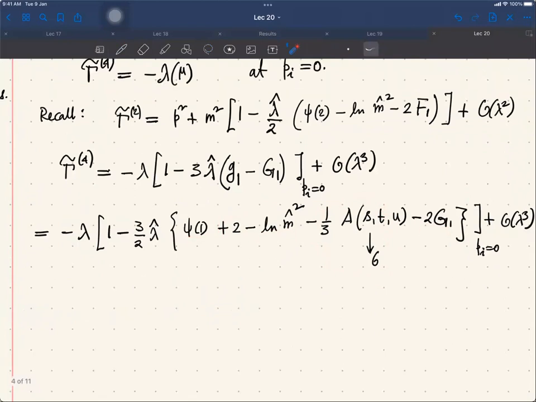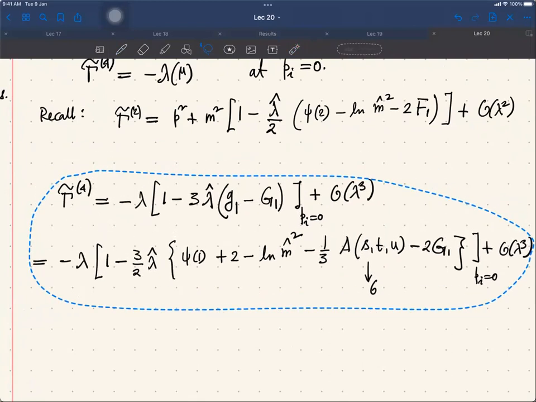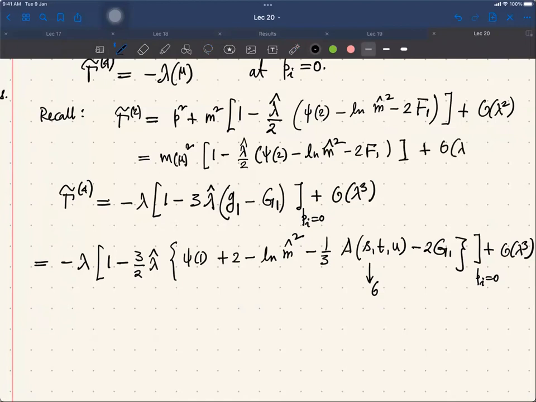And in the gamma tilde 2 expression, if you set p square equal to 0, then we have m square times 1 minus lambda hat over 2 psi 2 minus log m hat square minus 2 f1 plus order lambda square.